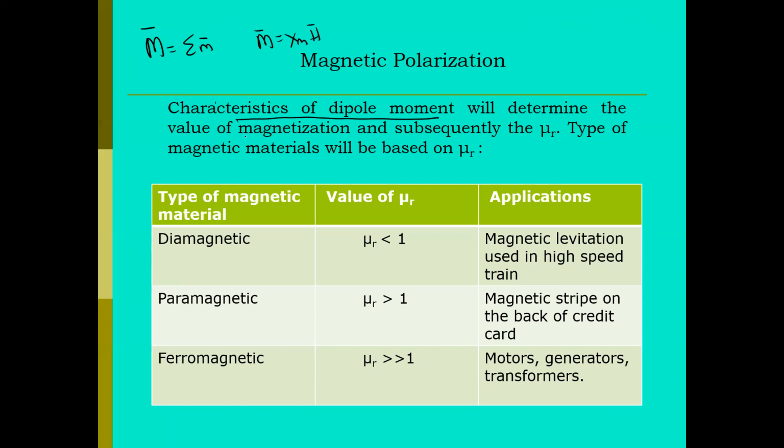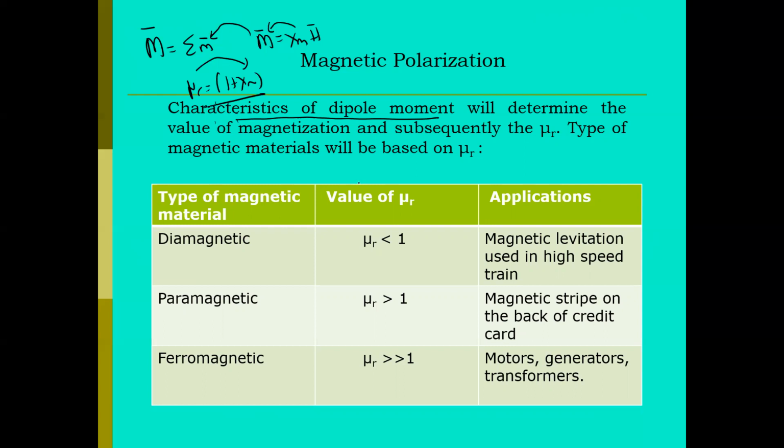And from here we have seen that mu R depends on kappa from the equation 1 plus kappa of M, in which you can see that mu R will depend on kappa, and kappa will depend on M, and M depends on the dipole moment.